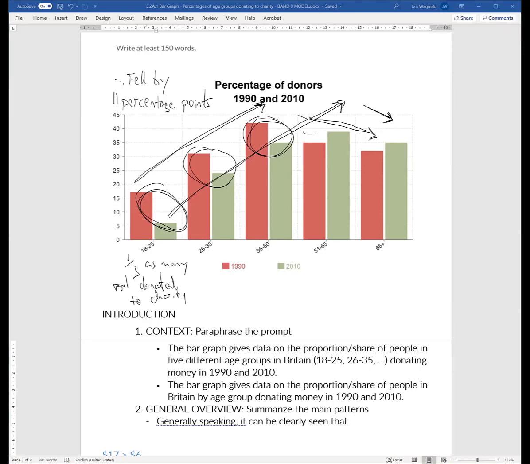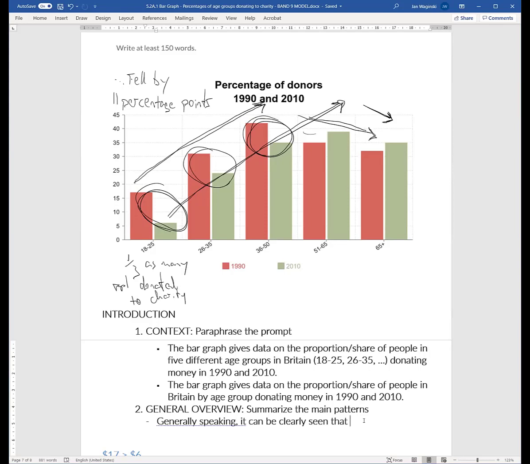Go ahead. Who's got a different one? So generally speaking, it can be clearly seen that overall proportion of charity in both groups, in all groups, increased.